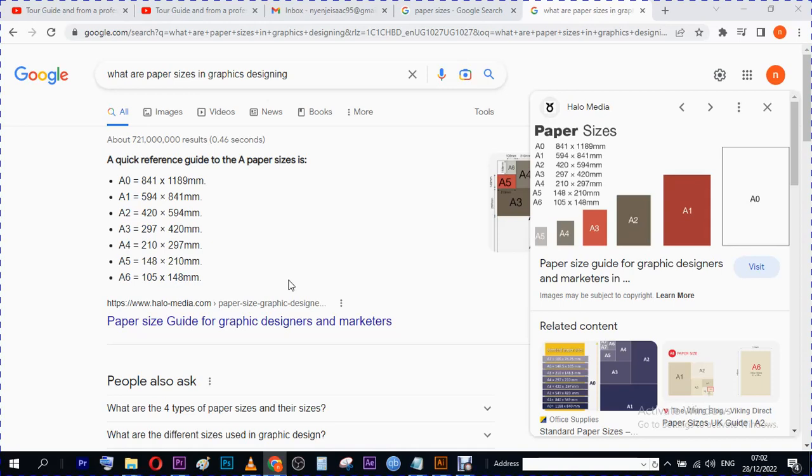So if at all you have been watching our first tutorials, today we are going to be looking at different paper sizes, because you can't be good at graphics when you don't know which paper sizes you have to use.